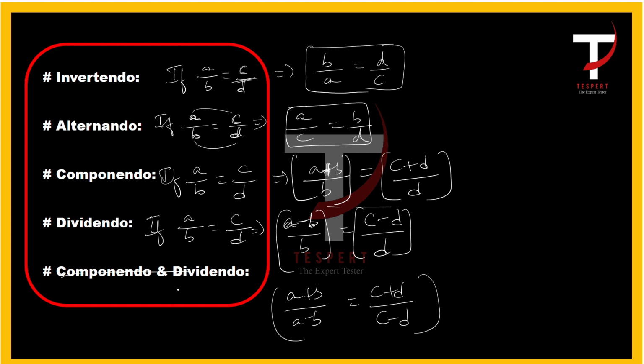This is the componendo and dividendo rule. If we divide these two, the b and b get cancelled and the d and d get cancelled. So we are left with a plus b and a minus b, and here we have c plus d and c minus d, right?